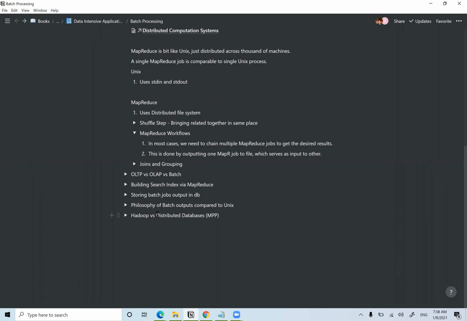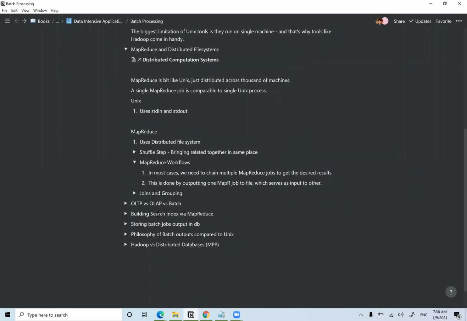Because both of them seem like they are used for analytic kinds of data where you want to query your data set for large amounts of data, right? So they seem very similar, that Hadoop is also doing something similar, and these distributed databases also do something similar, right? So then exactly what is the difference if they seem so similar? I think that will be the last part of the discussion.